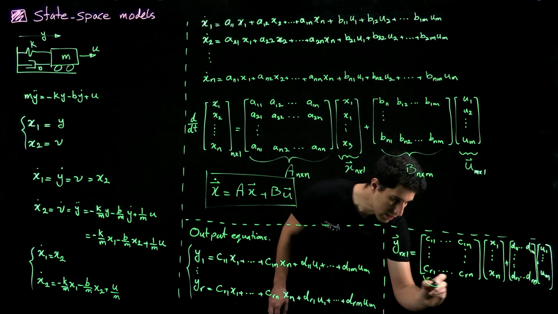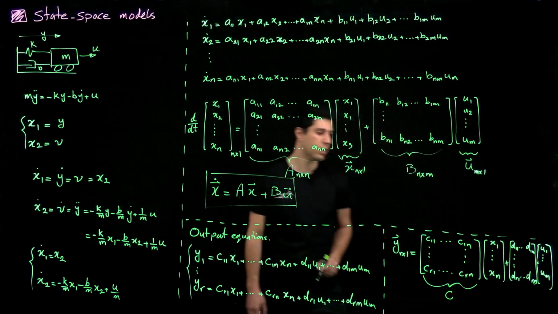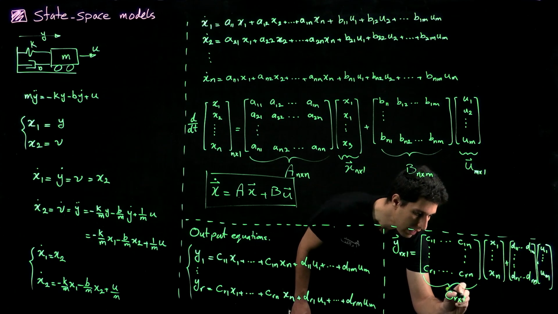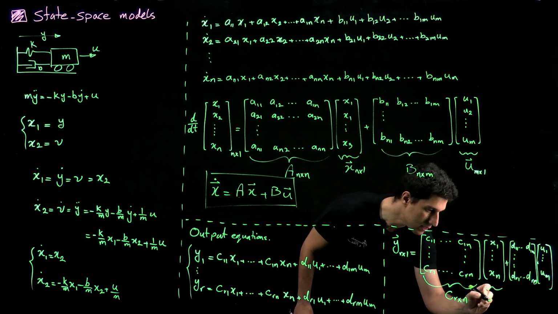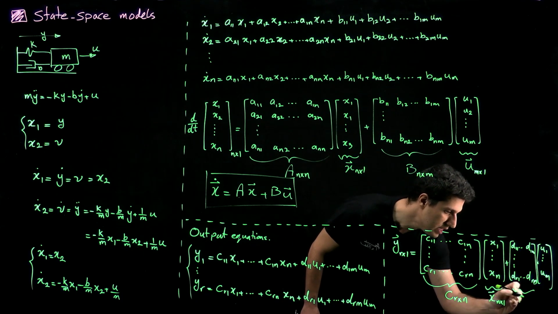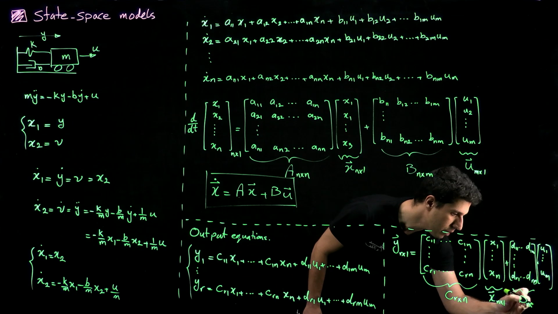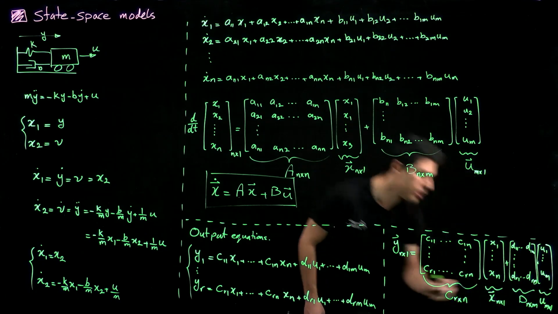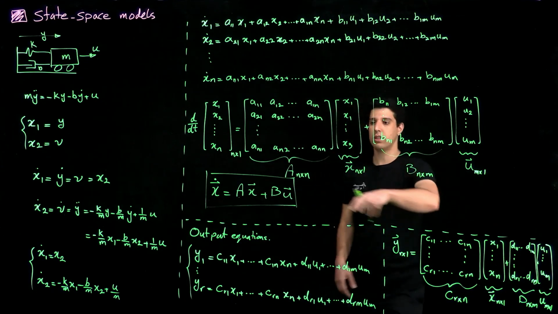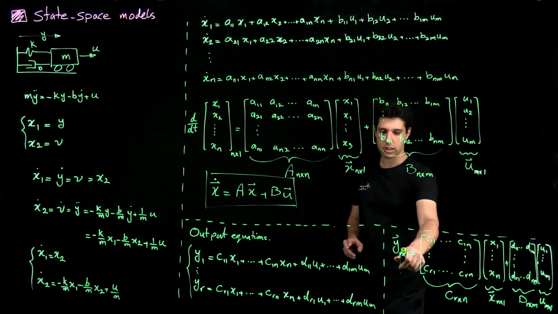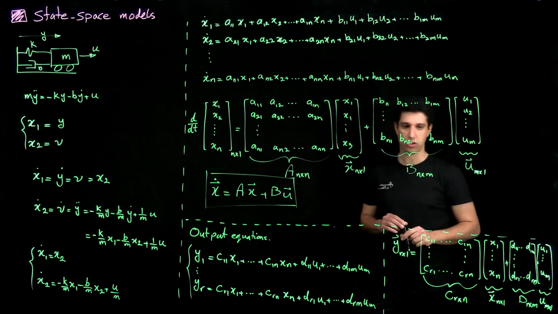This is called the C matrix, as just commonly used notation. It is r by n multiplied by my x, which is n by 1, plus this D matrix, r by m, multiplied by u, m by 1. And in both cases, if you work out the dimensions of the matrices, you will get the dimensions that you're supposed to.